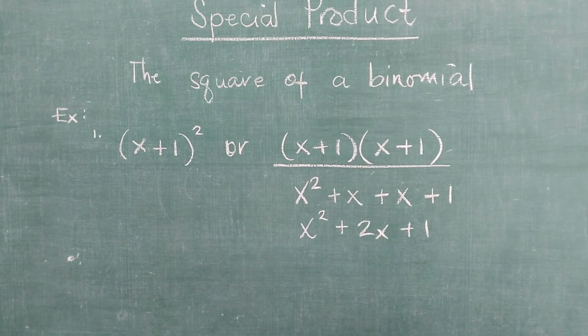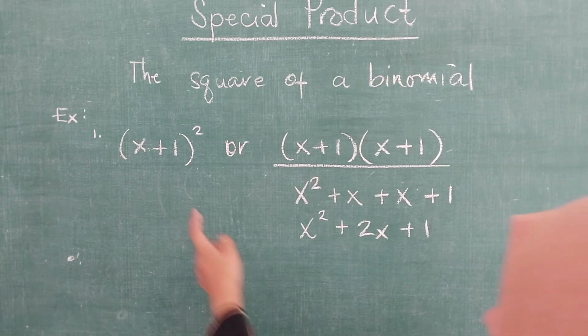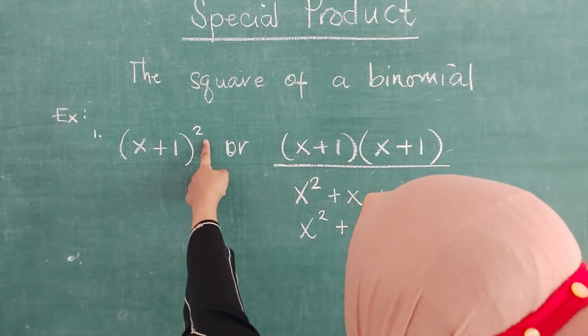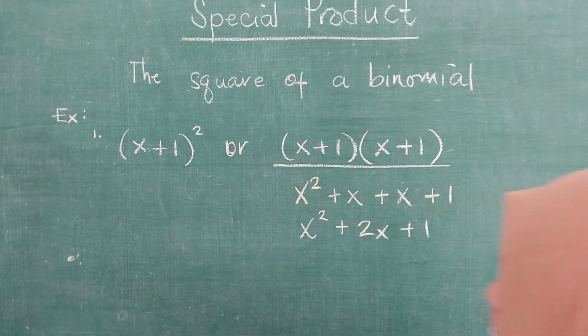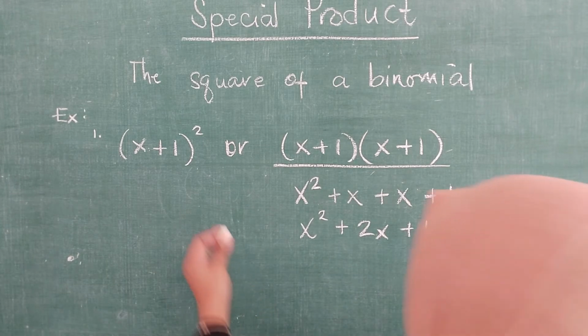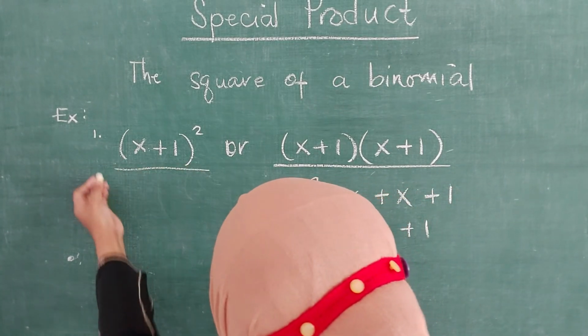So, what if ang sasagutan natin itong (x plus 1) quantity squared? So, hindi tayo pwedeng gumamit ng FOIL method. Ang gagamitin natin para dyan is yung formula dito sa module na to. To answer this one, kailangan may mga rules.